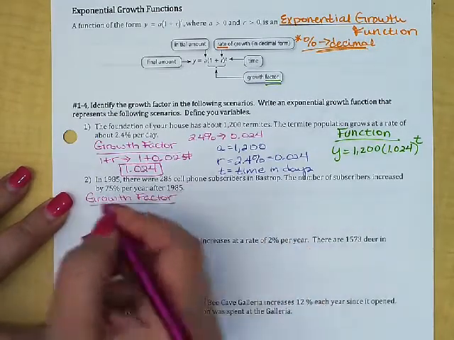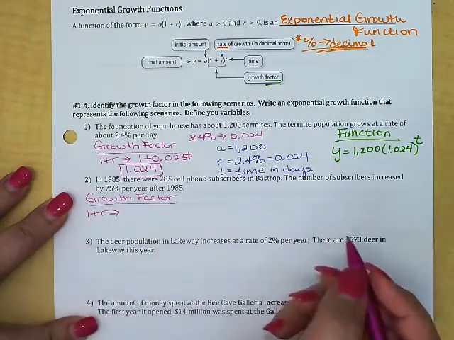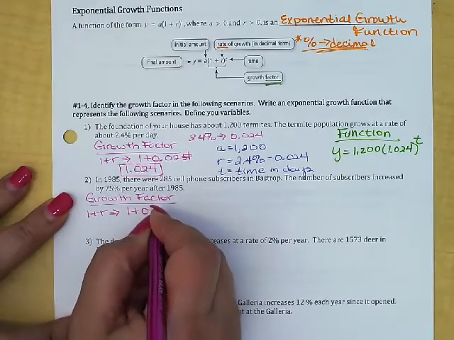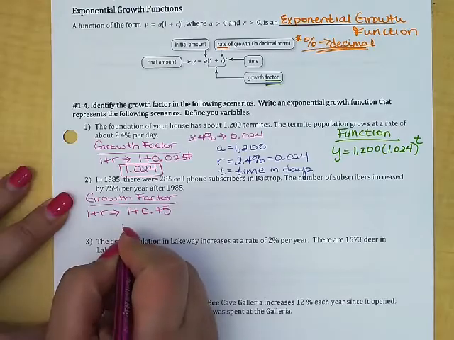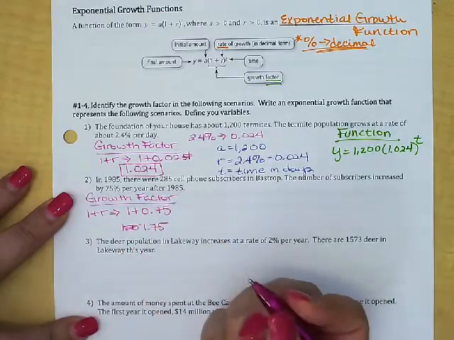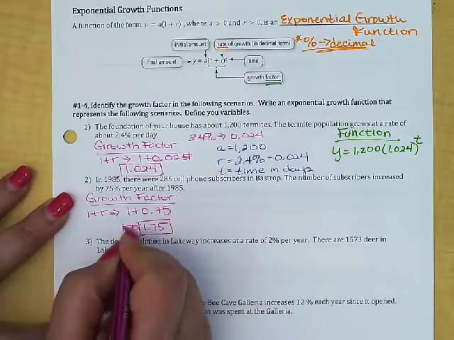To do that, it's 1 plus R. And in this particular problem, R is 75%. So I make sure that I change that to a decimal before I add it to 1. And that sum is going to give us 1.75. There you go. So 1.75 is our growth factor.